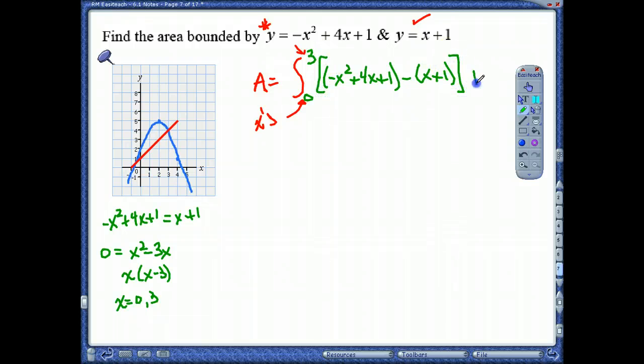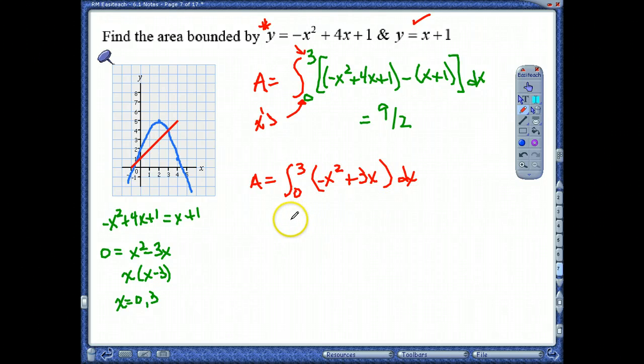If you are going to integrate this by hand, then please make sure you simplify this all nice and pretty. If you're going to go ahead and use your calculator, you'll find your answer immediately. So if you're just putting it in your calculator, you're going to get 9/2. If you're going old school and you're solving this without a calculator, you are going to simplify this integral. So you would have negative x squared plus 3x.